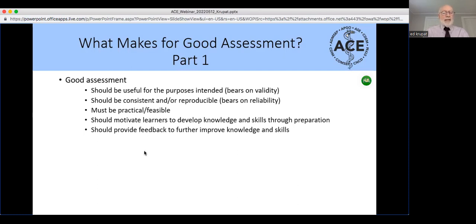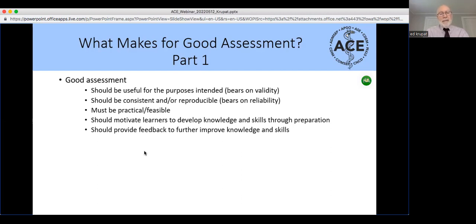A fourth aspect of good assessment is that it should motivate learners to develop knowledge and skills through preparation. One of my favorite teachers once told me that she cared less about our taking the test than our preparing for the test, because we were motivated to do so because we knew we were being tested.